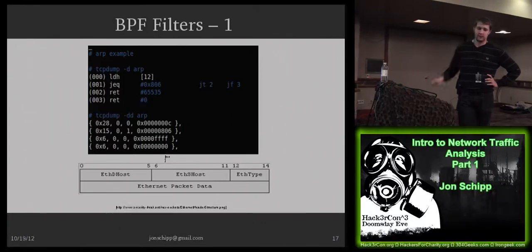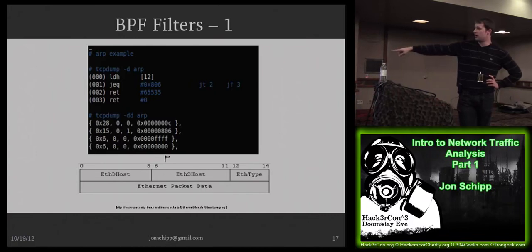I have these explained thoroughly in my other talks, but here we first load, look at instruction 000, we load the half word of the frame into the accumulator, and it's at byte 12. If you look down at the bottom of the Ethernet header, that's the Ethernet type field. The next instruction, 001, is a jump if equal.